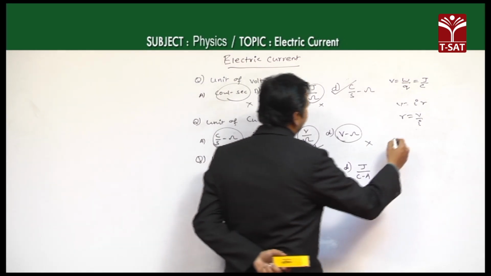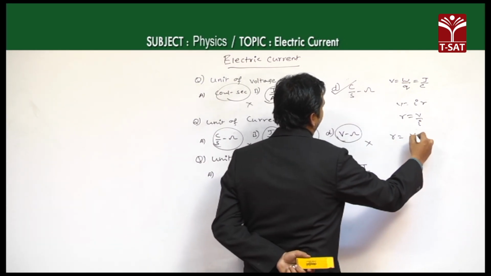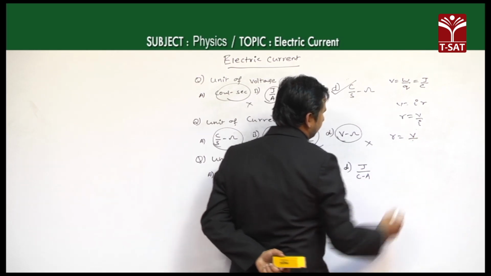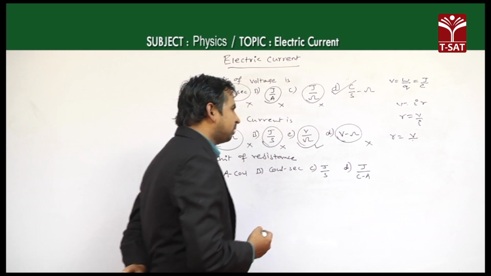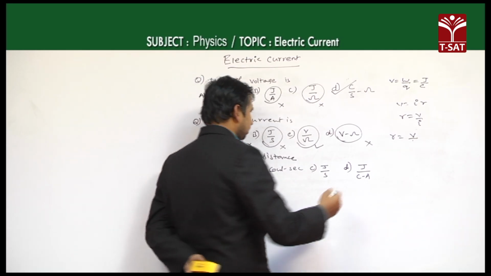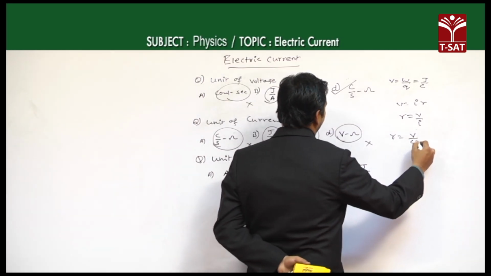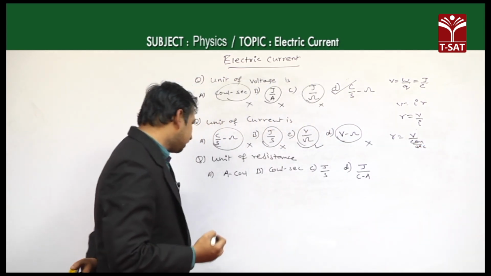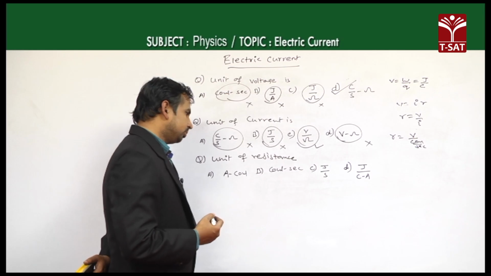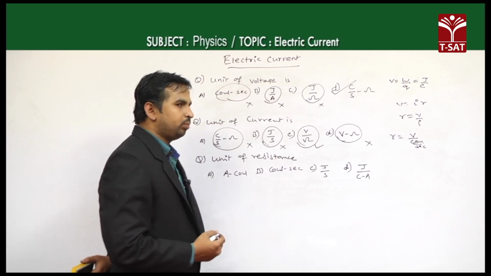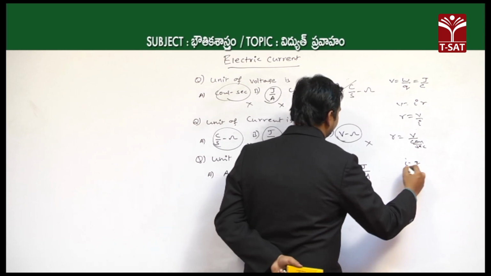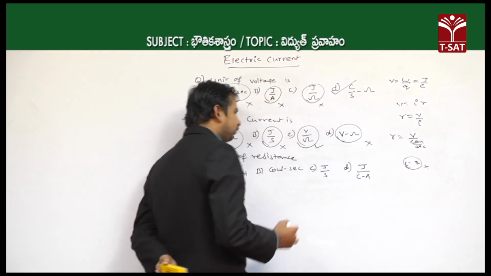So we can write R with the voltage V and the current I, which is coulomb per second. In the first case, ampere coulomb, ampere is current and coulomb is Q, which is I into Q, which is not the unit of resistance.